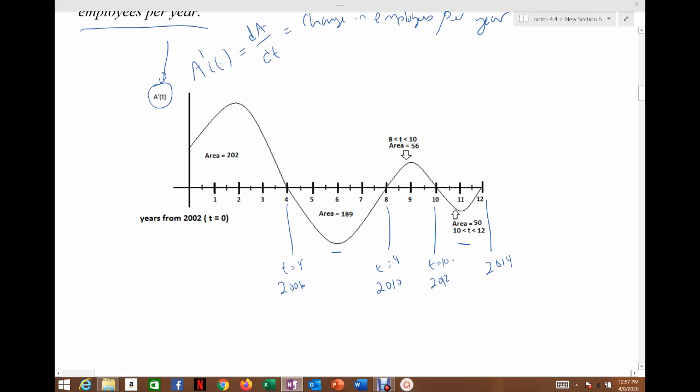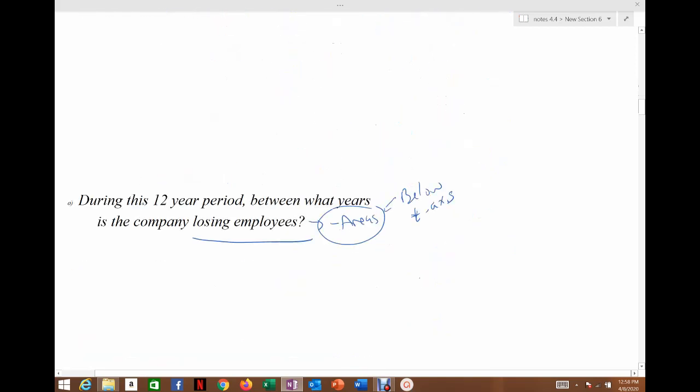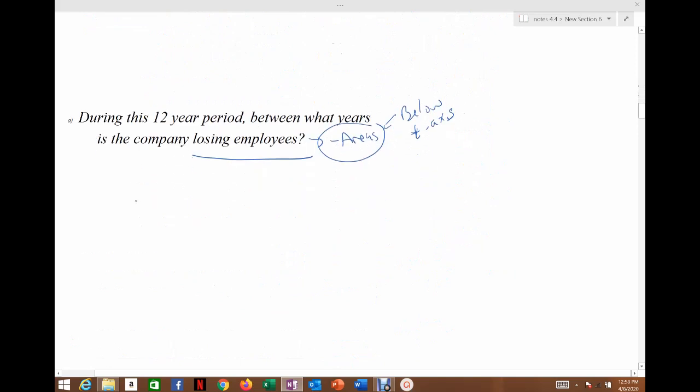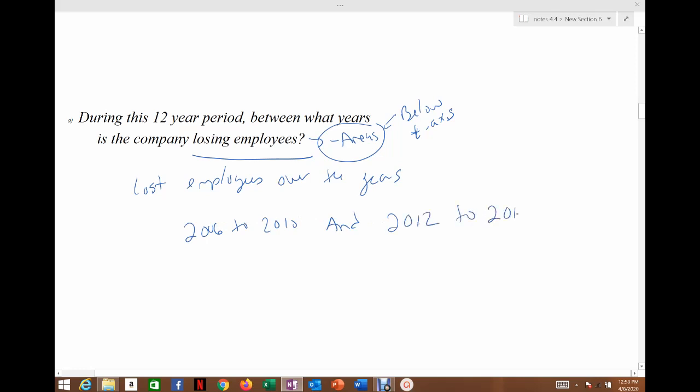So that's when we're losing people over the years. The economy took a downturn, and they had to lay off. They lost employees between 2006 to 2010, and 2012 to 2014. There's my answer to A: they lost employees over the years 2006 to 2010, and over the years 2012 up to 2014.